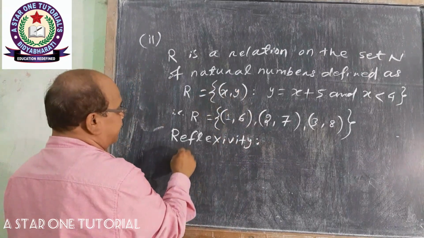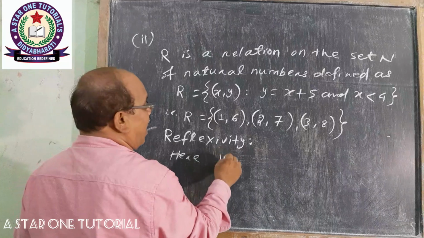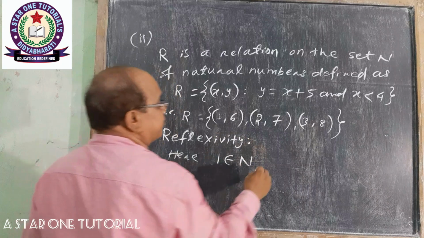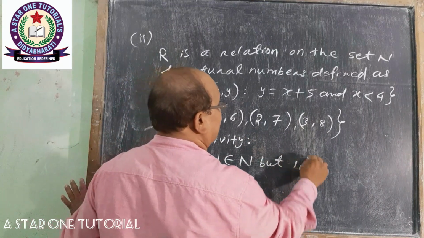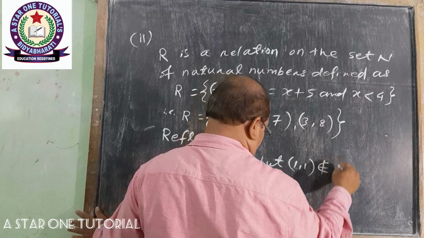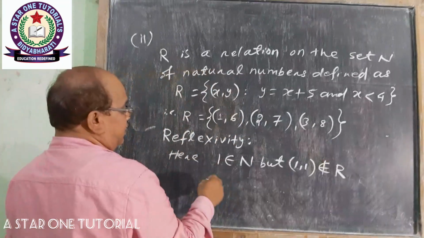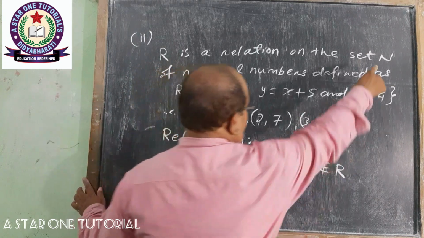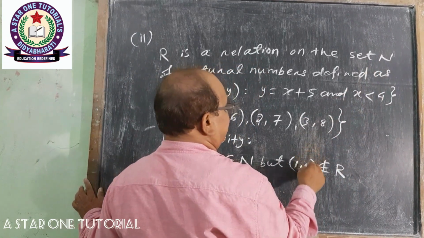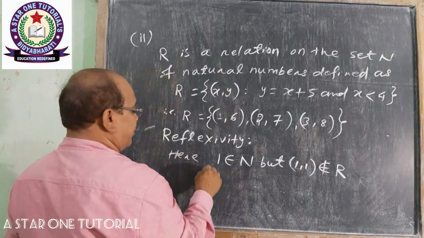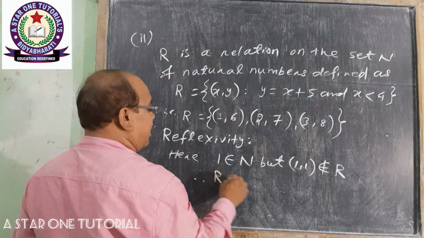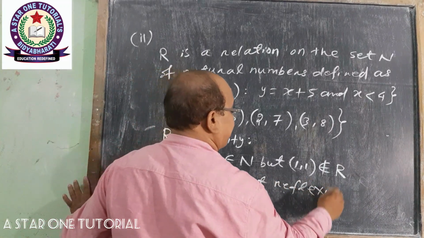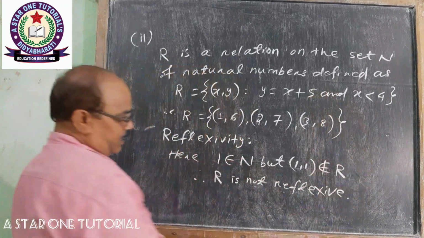Here we see that 1 belongs to the set N, but the pair (1, 1) does not belong to R. That means 1, which is an element of the set N, is not related to itself. Therefore we can write that R is not reflexive.